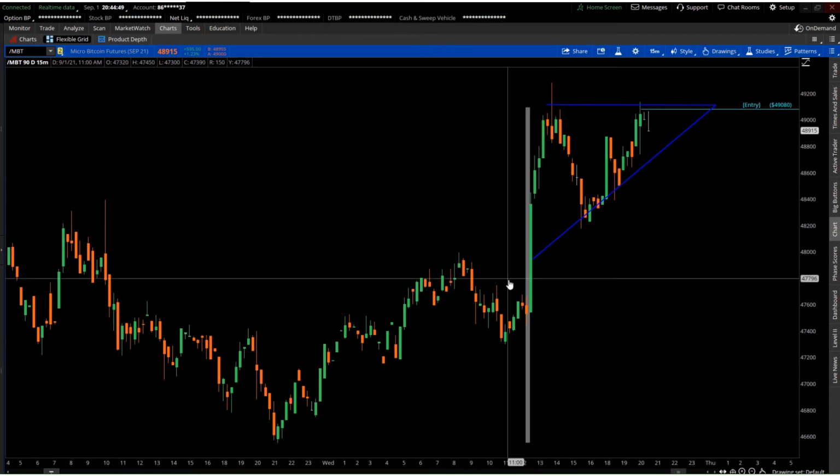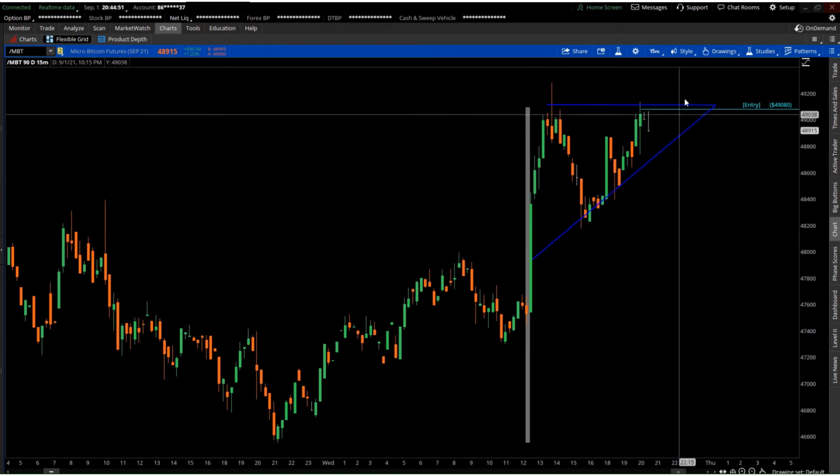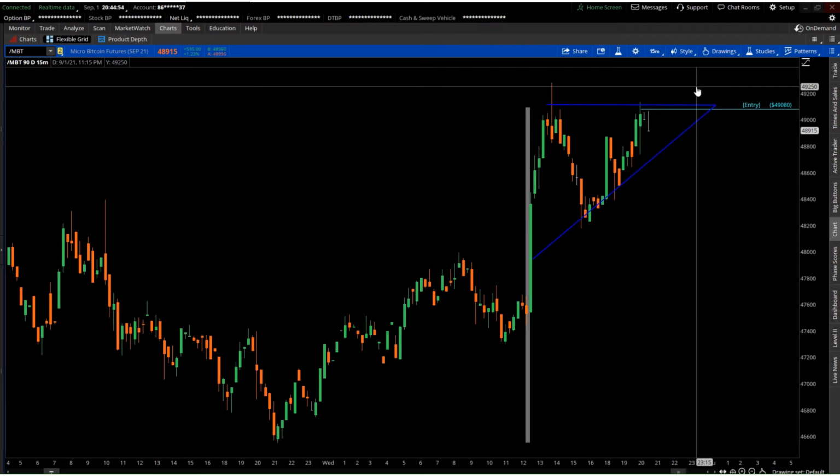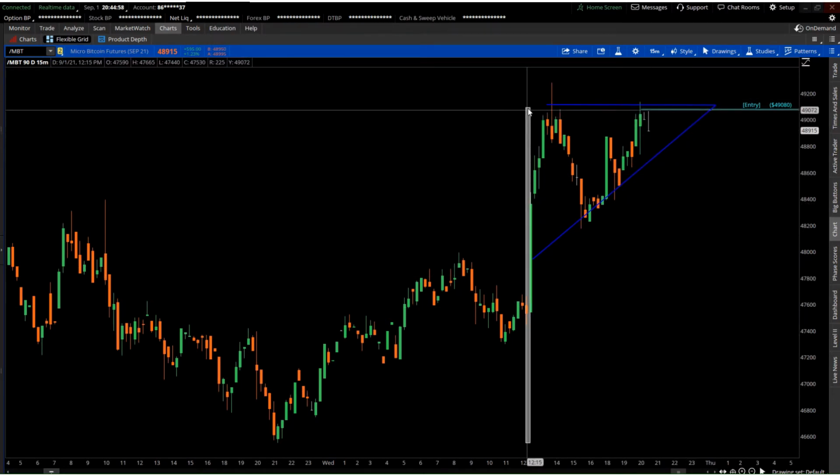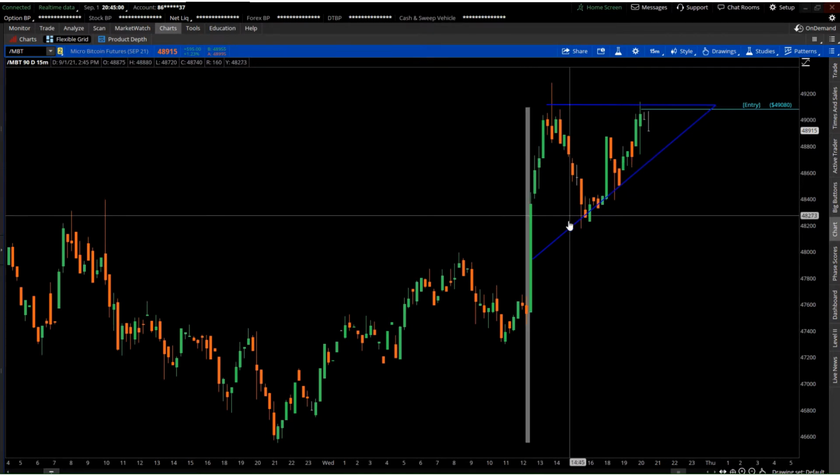Yeah. So this would be the flagpole, right? So if there was going to be a breakout, the high of the breakout would be equal to this flagpole.